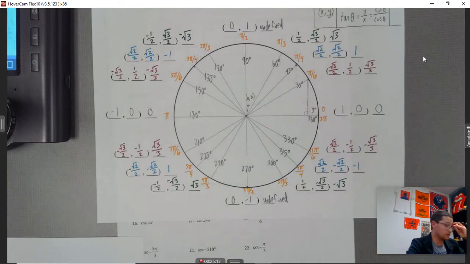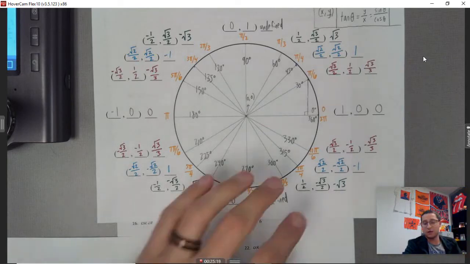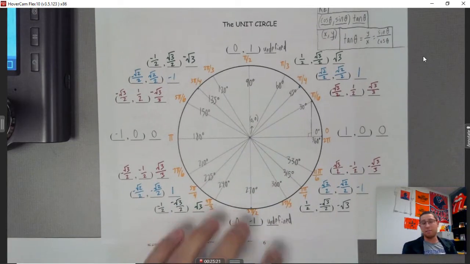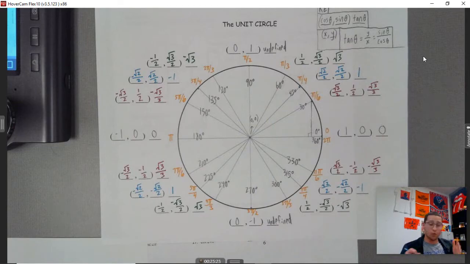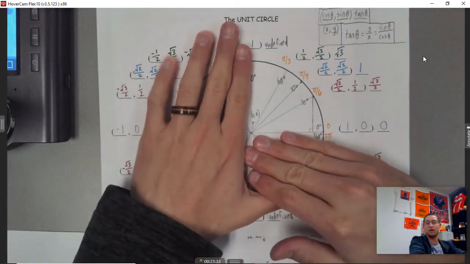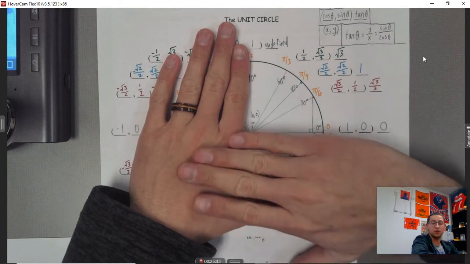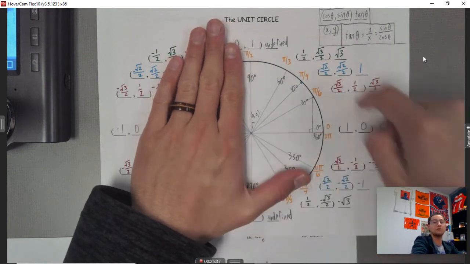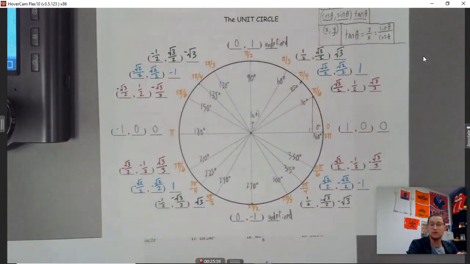Here's what I'll say about the unit circle. Everyone thinks about it in a different way. The way I think about it may not resonate with you at all. So you've got to find which way works best for you. For some people, they just memorize this right here, and then think about the positive and negative coordinates. They literally memorize this. Maybe they don't understand it. That's okay.